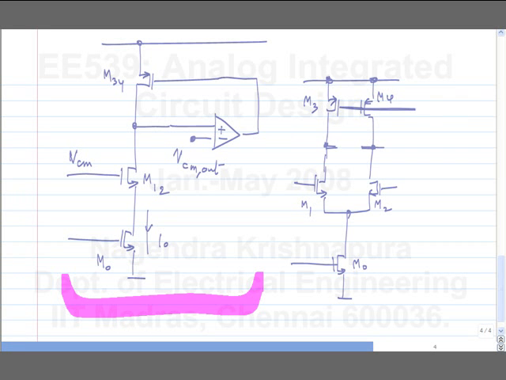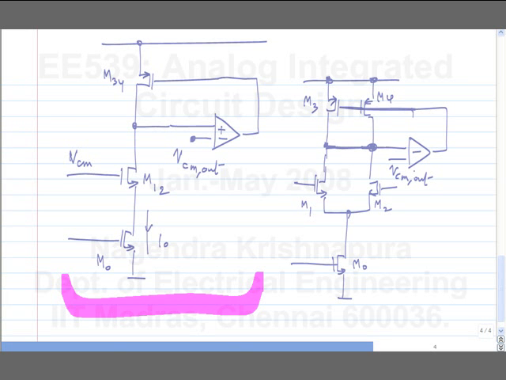The suggestion was to use an op-amp in the common mode feedback path instead of directly connecting the drains to the gate. So this is VCM out. What happens in this case? Differentially the gain is 0. If the outputs are shorted, the differential gain is 0.